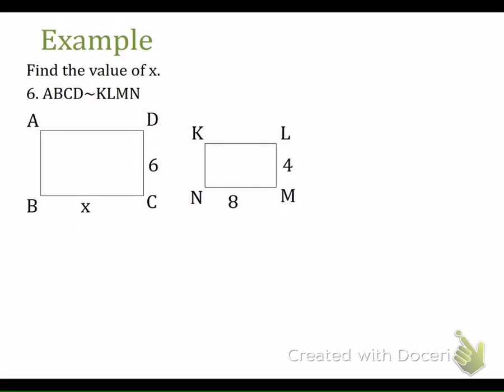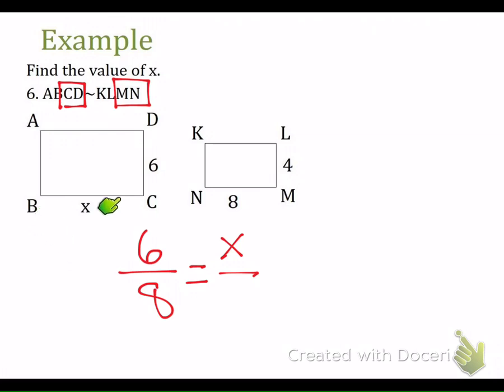Because if I look up here, CD goes with which side? MN. And x is BC. Those are the middle two, LM.